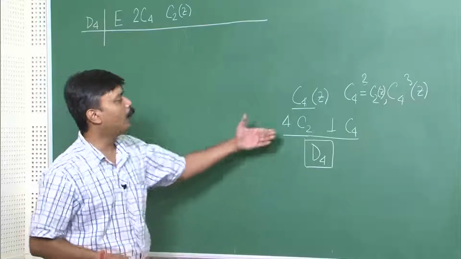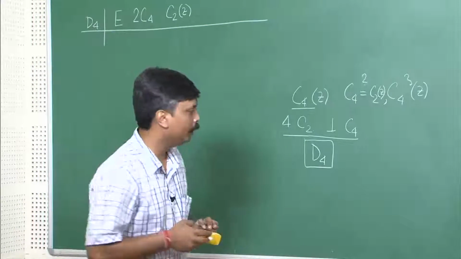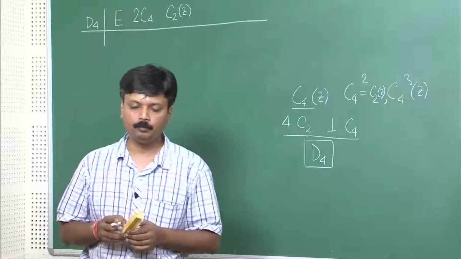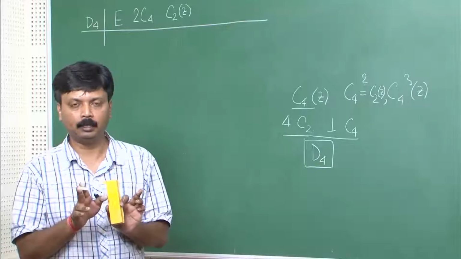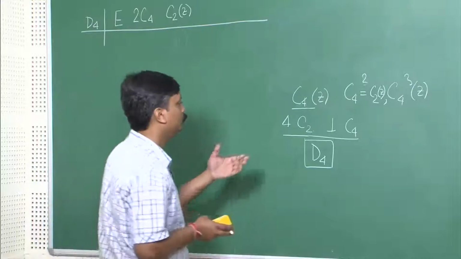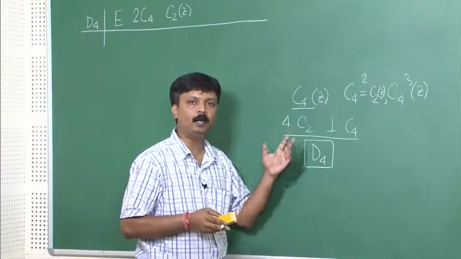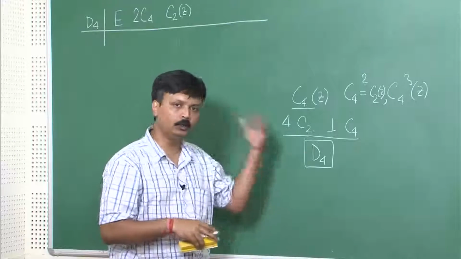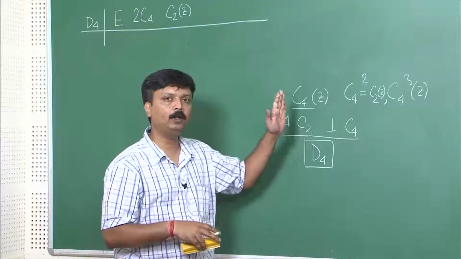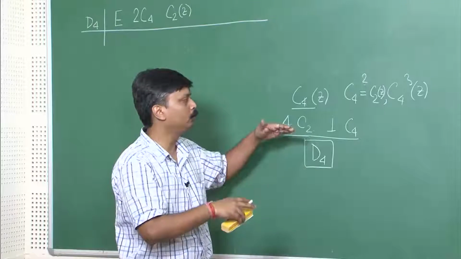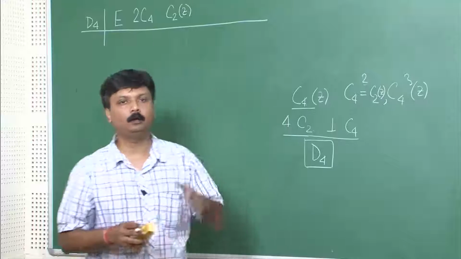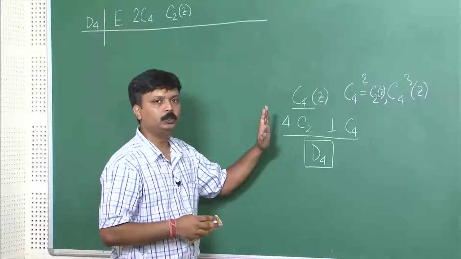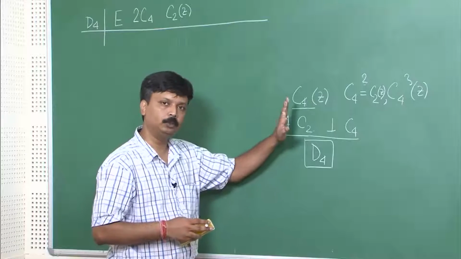Now, we are left with 4 other C2s which are perpendicular to C4. If you remember, when I drew the C2s, there are 2 different types of C2s here also. 2 of the C2s were along the diagonal of the front square that I drew, while the other 2 C2s were along the diagonal of the square that I drew behind the plane of the first square. So 2 C2s will form a class and another 2 C2s will form another class.